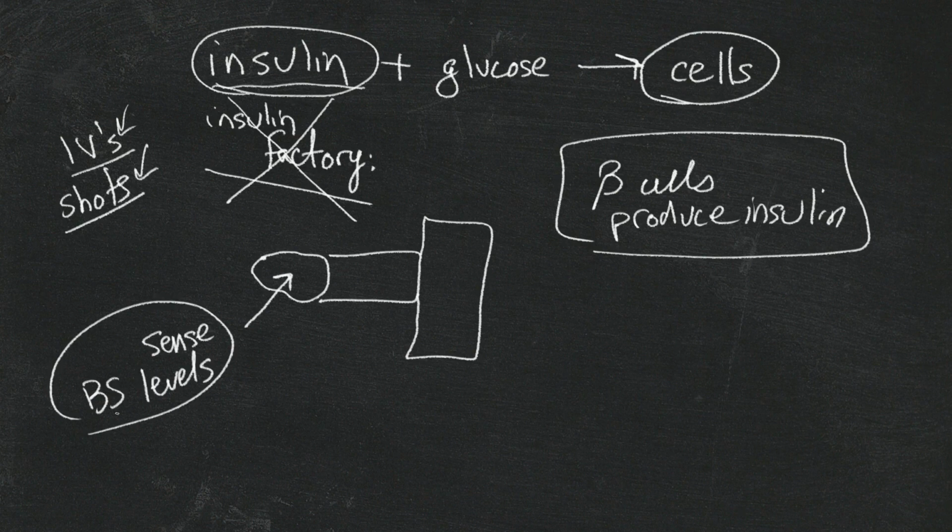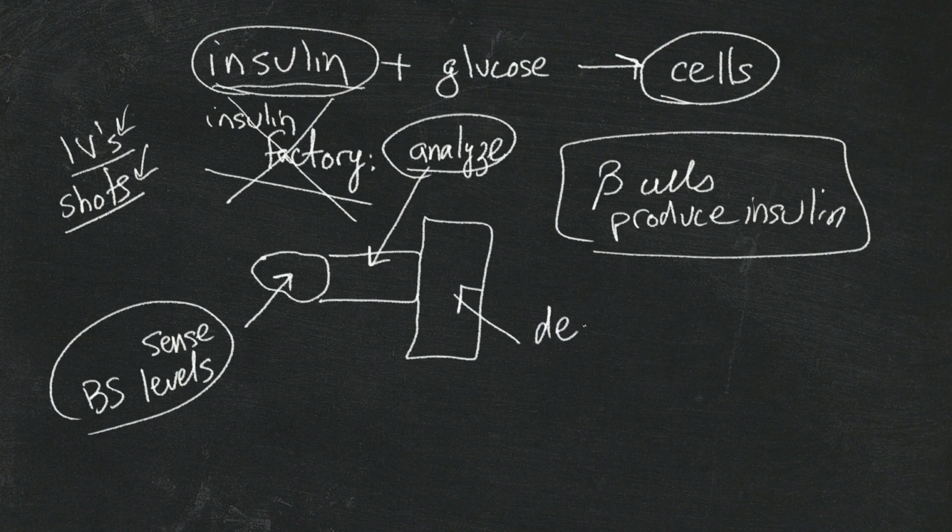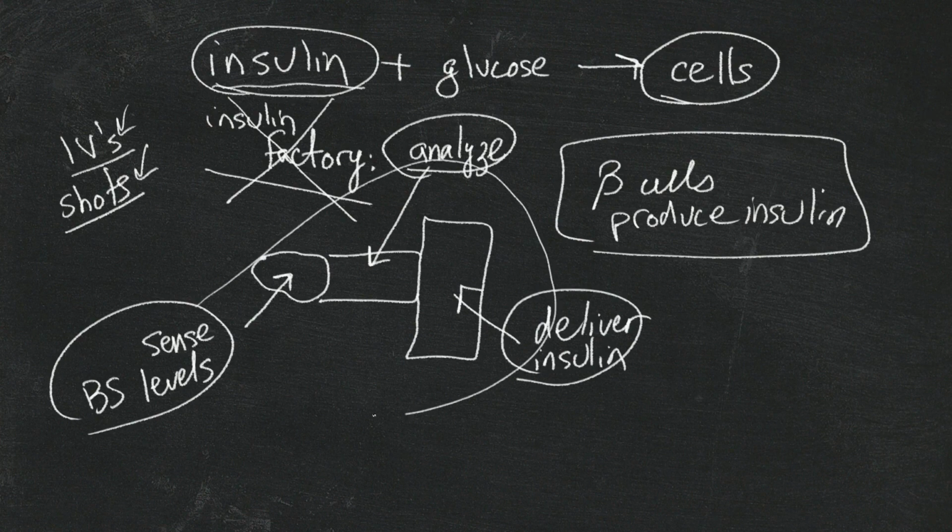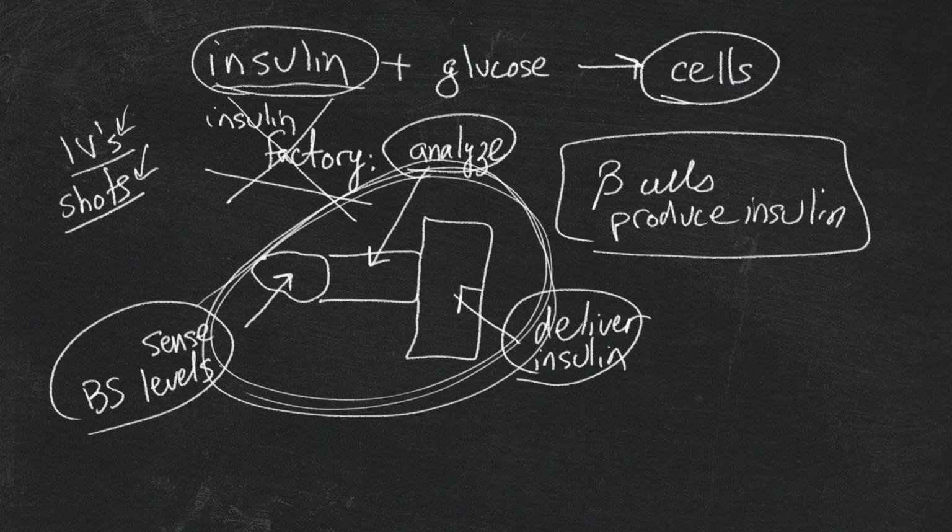They also analyze that information and determine whether or not you need some insulin or maybe glucagon. And then they deliver that insulin. In terms of seamlessness and that system working 24 hours a day, 7 days a week, that is absolutely miraculous. For those of us who have type 1 diabetes, this is a thing that's broken down.